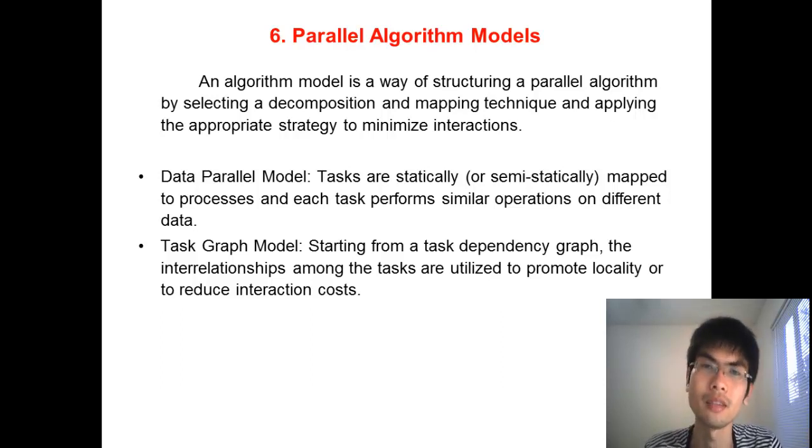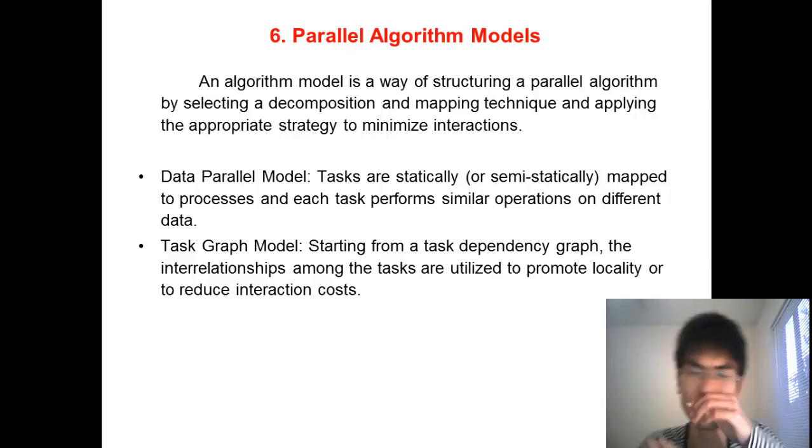However, the task graph model starts from a task dependency graph, and the interrelationships among the tasks are utilized to promote locality or reduce the interaction costs. These two kinds of parallel algorithm models are very widely used. We can't say which one is better. It's the specific problem that determines which method should be used.